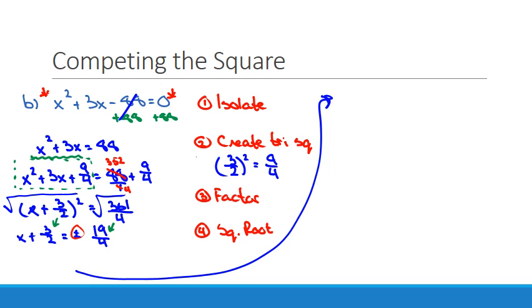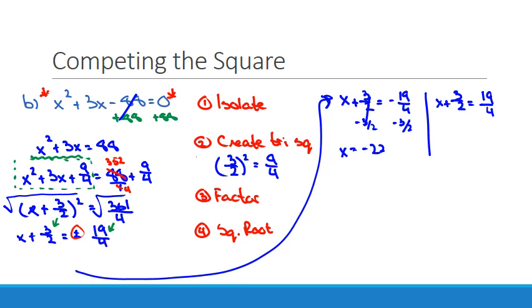So I'm going to write x plus 3 over 2 equals negative 19 over 4 here. And then on the other side, x plus 3 over 2 equals positive 19 over 4. So now I'll just solve for x. So x equals, that would be negative 22.